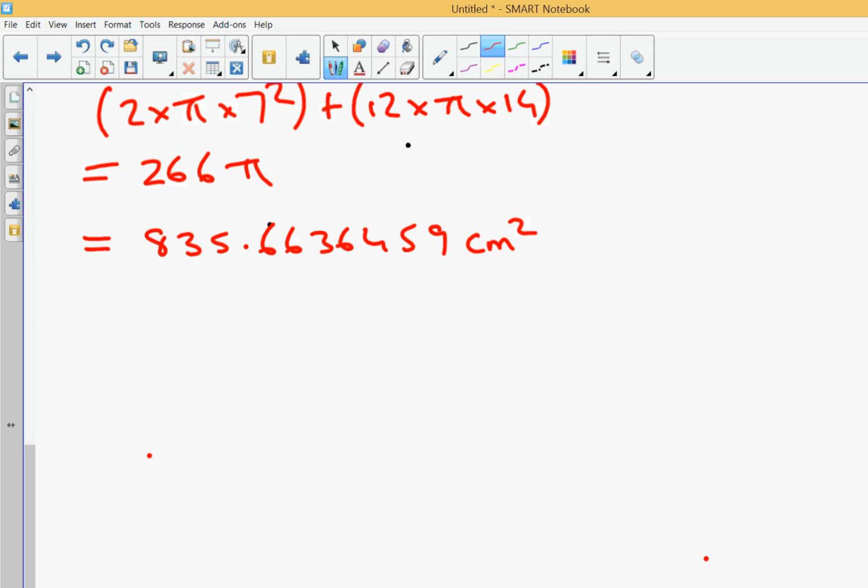So let's pretend in this question I asked for your answer to 1 decimal place. Well, there's my first decimal place. So look at this number to decide, will this 6 here stay as a 6, or will it go up to a 7? Because the second number is also a 6, which is bigger than 5, it'll go up to a 7. So 835.7 centimetres squared. So that's how you do that.